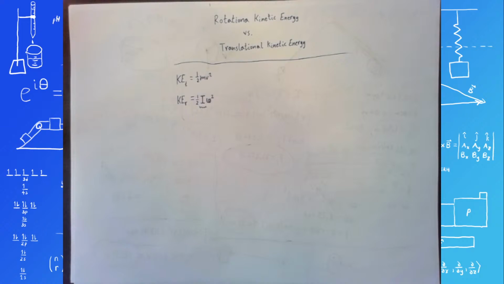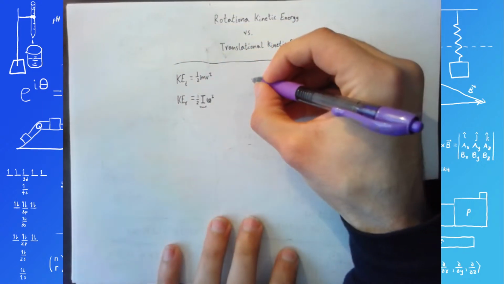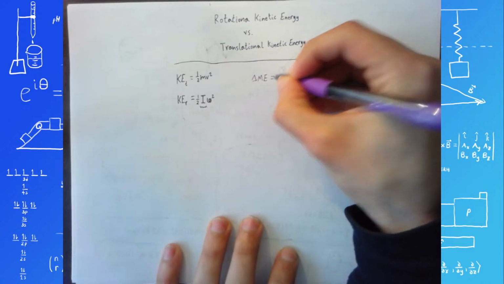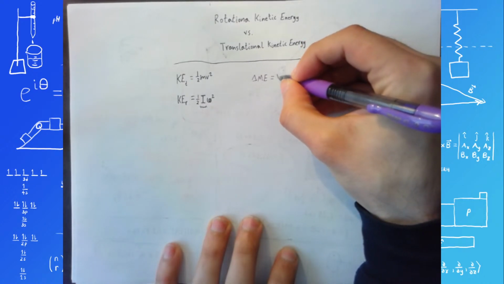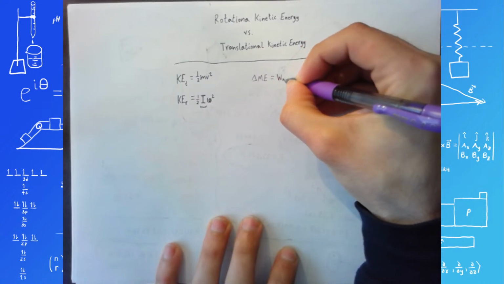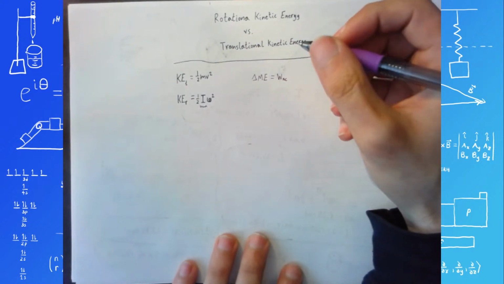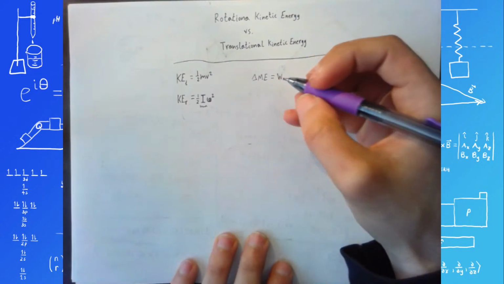But now that we have this, we can expand our change in mechanical energy equation. Change in mechanical energy is equal to the total non-conservative work being done on an object or system of objects.